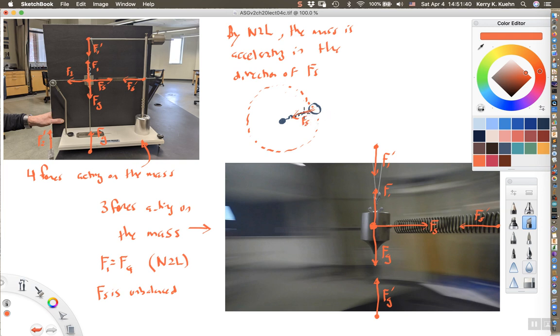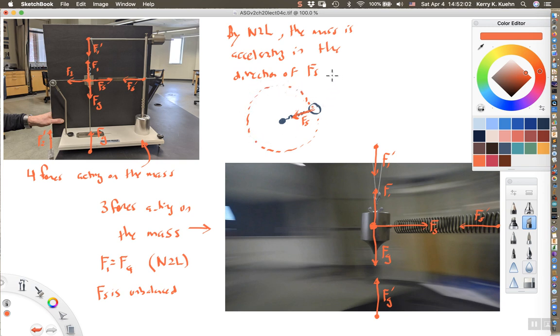So the spring is pulling it inward like this, and that is what is causing it to go in this circle. If you were to cut this spring right here, that force would go away, and the mass would just fly in a straight line in a tangential direction. But what's happening is the spring force is keeping it from flying in a straight line. It's keeping it moving in a circle.